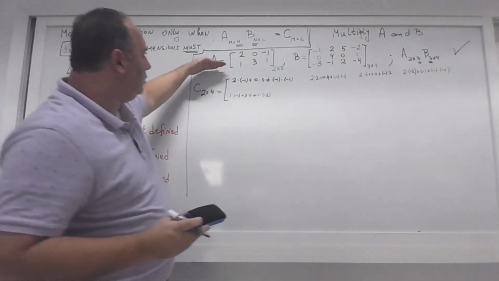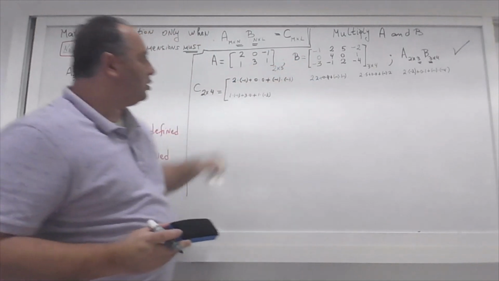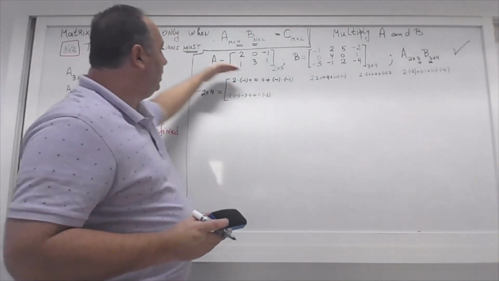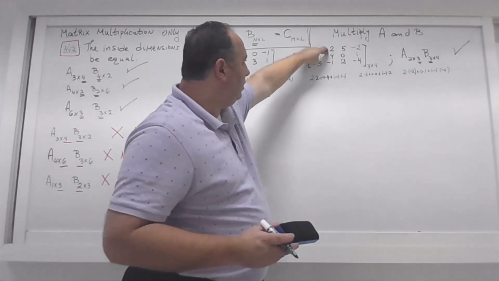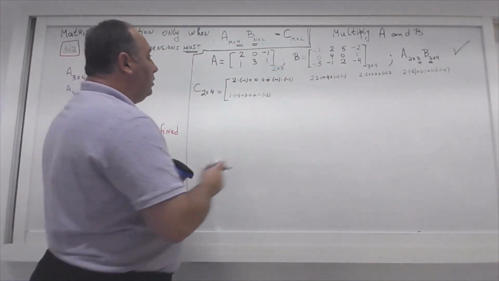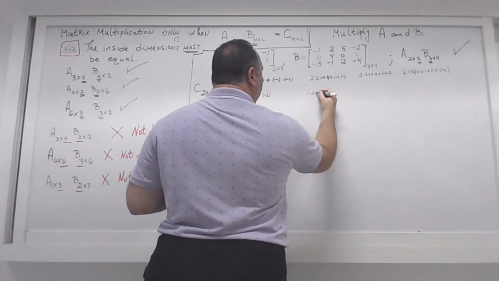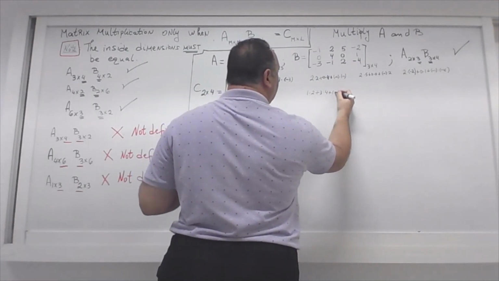So we took the second row of A dot product with the first column of B. Entry 2,2 will be the second row of A dot product with the second column of B. So it is 1 times 2 plus 3 times 4 plus 1 times negative 1.